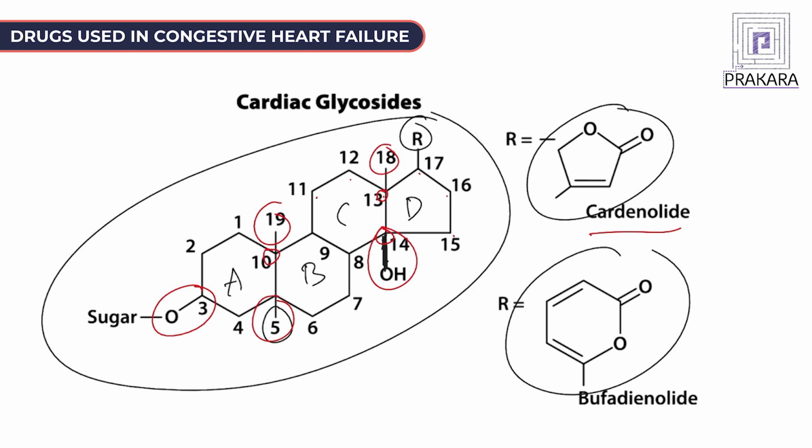If it is 5-membered, those compounds are called cardenolides. If it is 6-membered, they are called bufadienolides. Each cardiac glycoside has 2 methyl groups at C10 and C13, called angular methyl groups. Apart from these, there are 2 hydroxy groups at C3 and C14. Particularly, C3 is very important because this is the hydroxy group involved in glycosidic linkage with glycones. So this is the chemistry of aglycone.